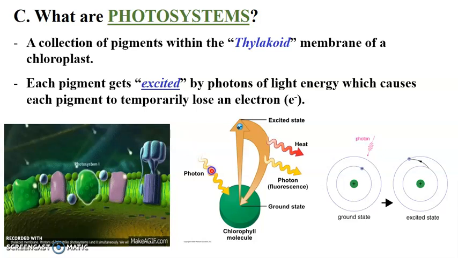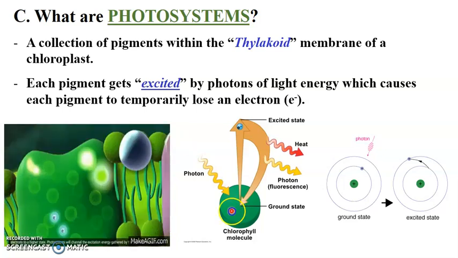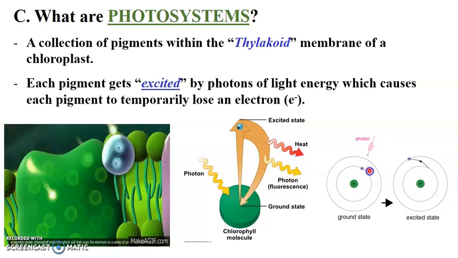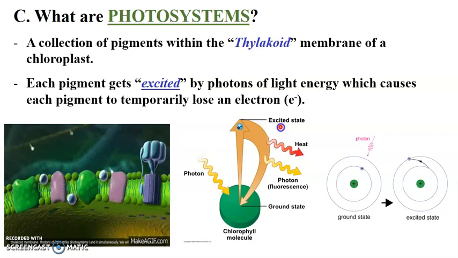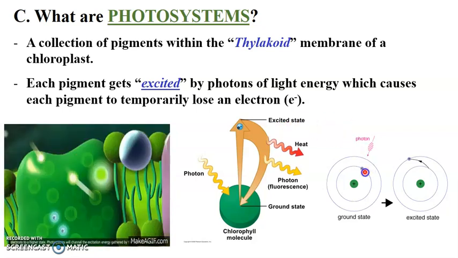When light energy or photons hit it, it will start to vibrate that chlorophyll molecule, excite it, and cause one of its electrons to be raised to a higher, excited state. In essence, you're kicking an electron out from one energy level to an outer energy level where it doesn't belong.